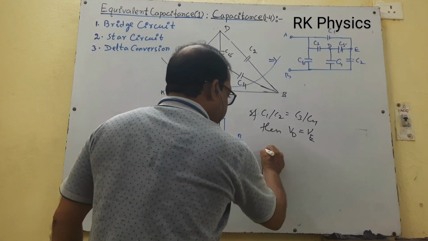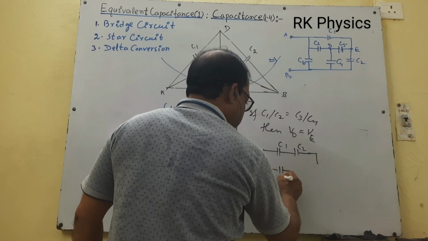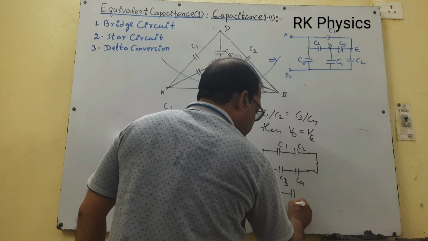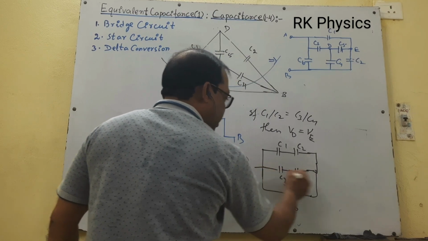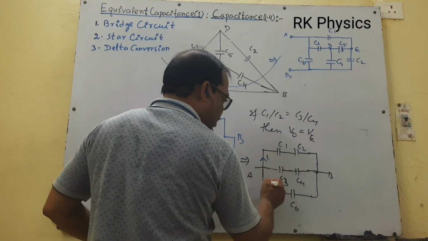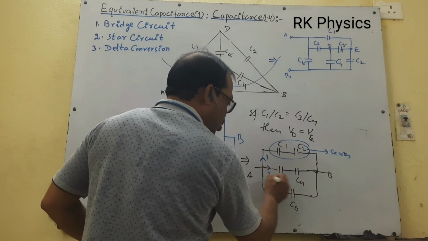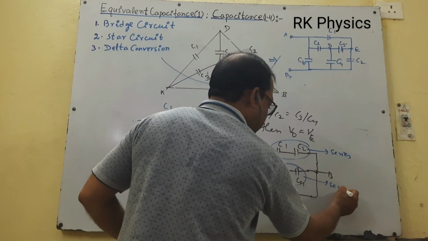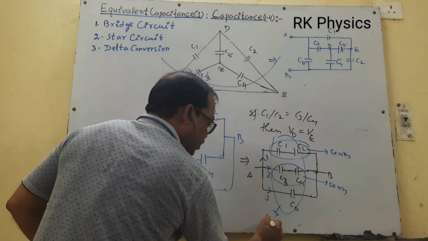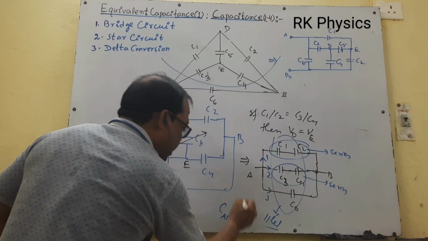Here the equivalent circuit is C1, C2 in series, then C3, C4 in series, and at last C6 in parallel. From A to B, how many paths are there? This is path 1, two capacitors in series, find the equivalent. Path 2, two in series, find the equivalent. And this is path 3. All the paths are parallel. So at last you can find CAB.